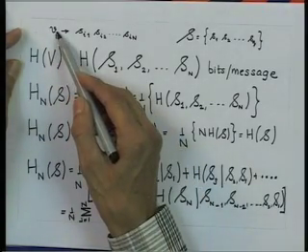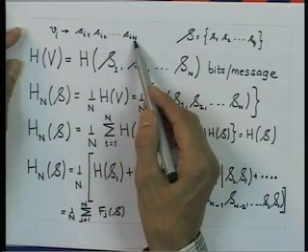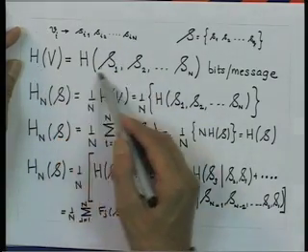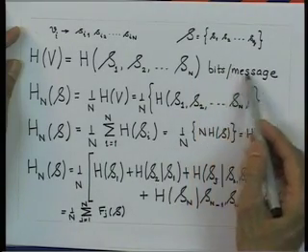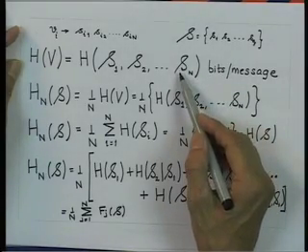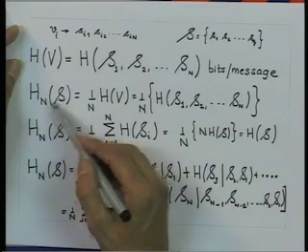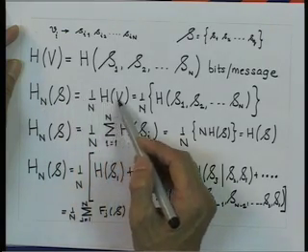So, on an average, the information in this message of length n can be evaluated by this expression out here. This will be bits per message. Now, if I am interested in finding out the information per symbol, then HnS is defined as 1 by n of HV.